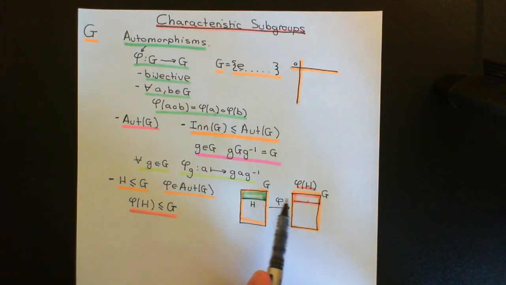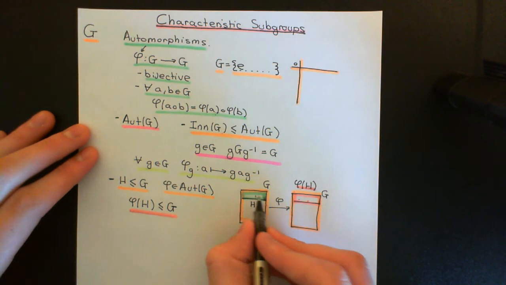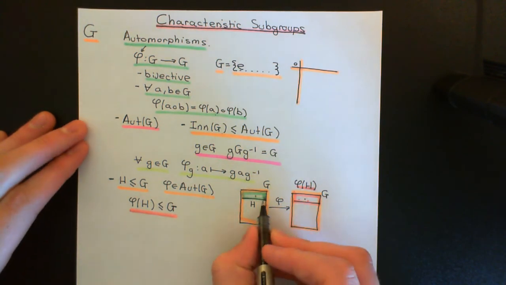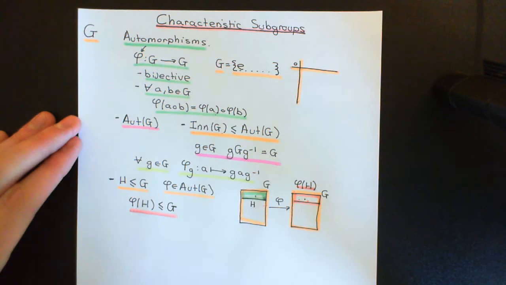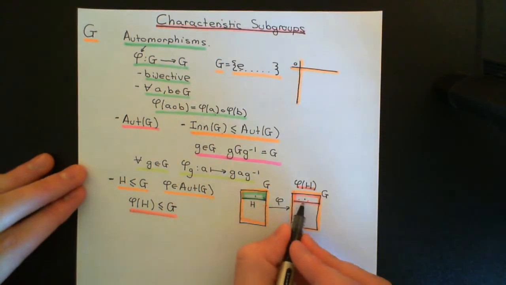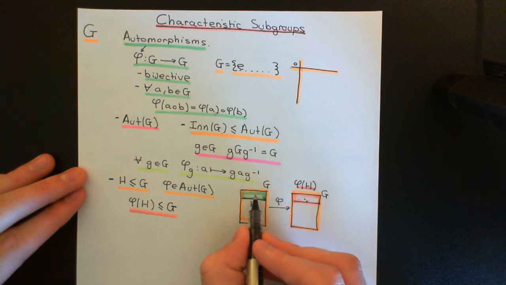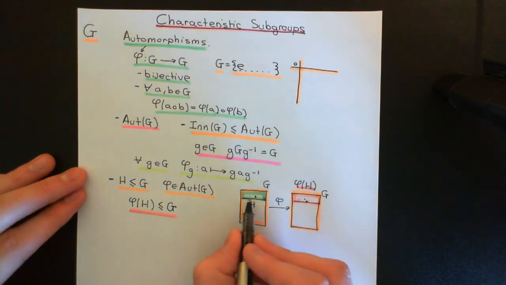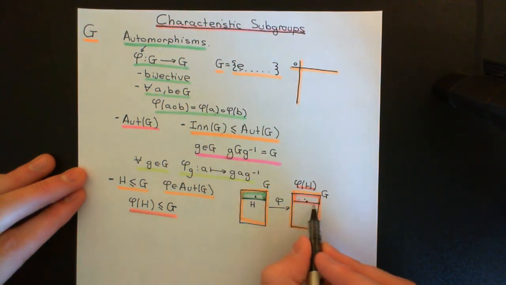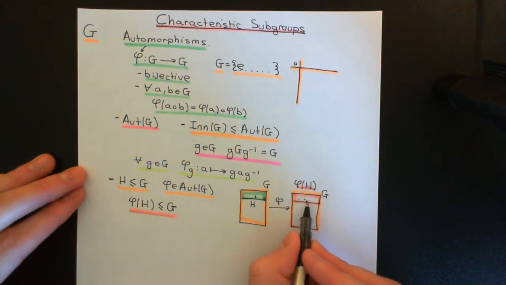Which is H. So this little map where we've now restricted our attention from the green place to the red place is going to be a bijective map with the compatibility of composition. So of course it's going to be an isomorphism between this and this. So truly, this structure over here, phi of H, must be isomorphic to this, and therefore it must be a subgroup of G, it must be a group in its own right.